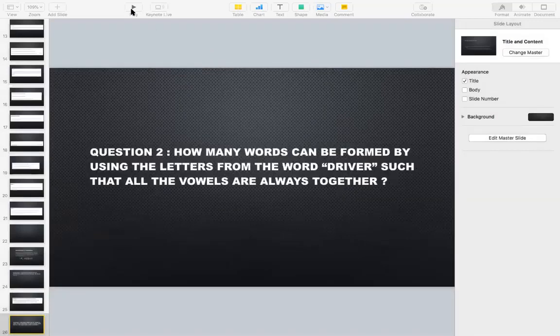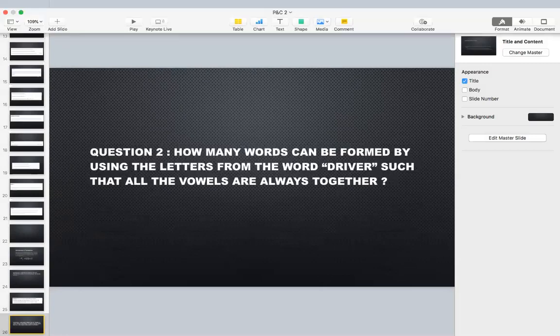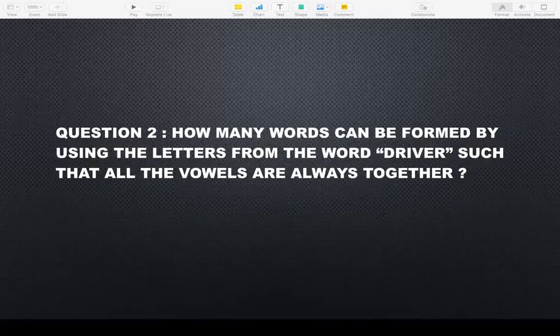Think, guys. See, try to understand what is the meaning of 6P2 or 6P5. 6P2 means from 6 different items, we are arranging 2 items. Or 6P5 means from 6 different items, we are arranging only 5 items. But in this particular question, are we making a 2-letter word or a 5-letter word?